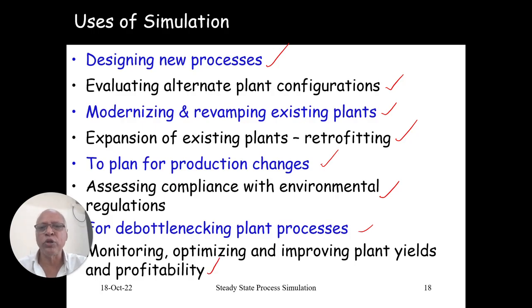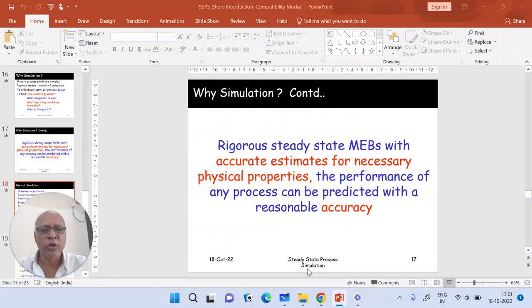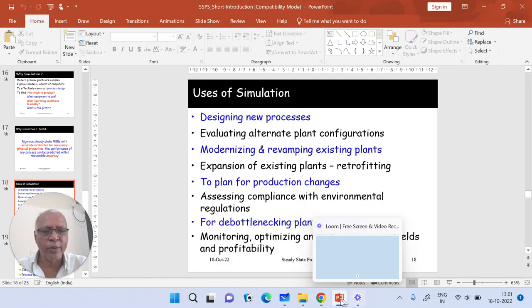Please go into this. I may not have time. You look at what is meant by debottlenecking, retrofitting, revamping, and so on. Probably let me spend a couple of minutes to explain one or two concepts here.